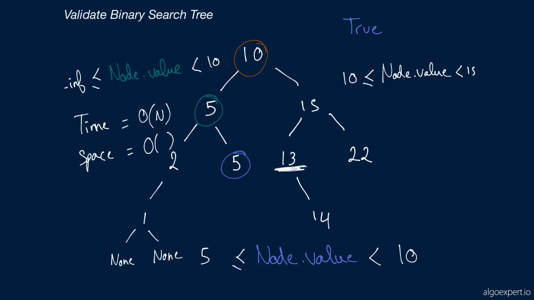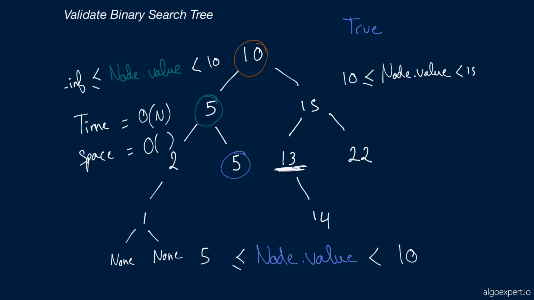We are not using any additional space in terms of variables that we're storing or pointers that we're storing or things like that. What we are doing, though, is we're using space on the call stack, because we're calling the validate BST function on all of our subtrees, and it's only once these functions resolve that we can go back up and clear space on the call stack.